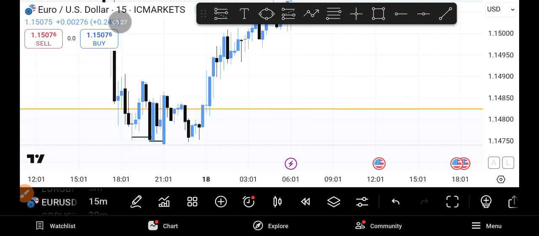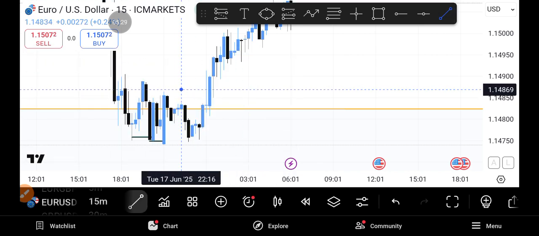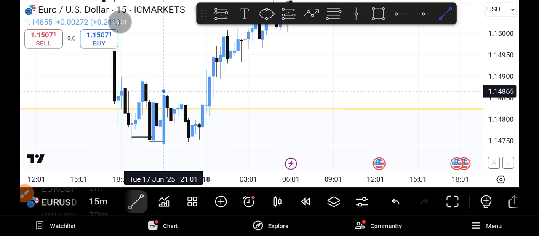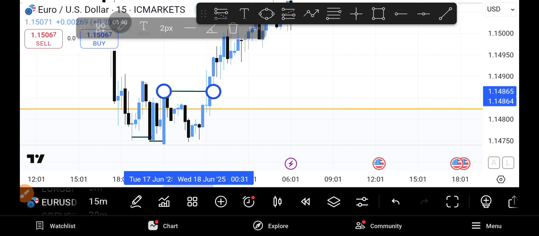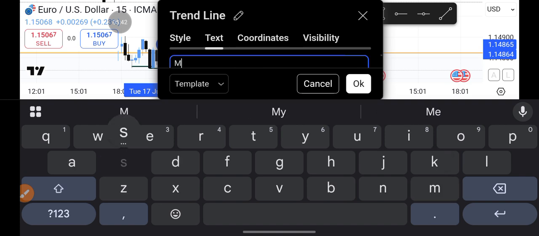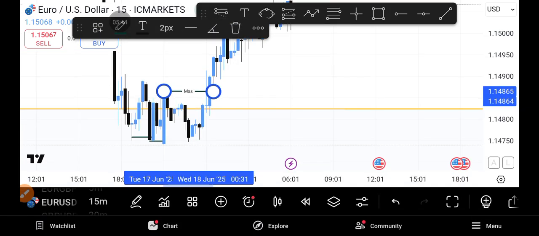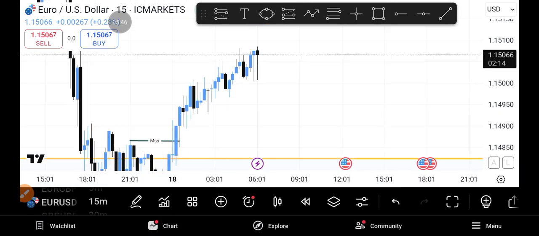And price changed character, giving us a market structure shift to the upside. Can you see? Let me write it: market structure shift, MSS.